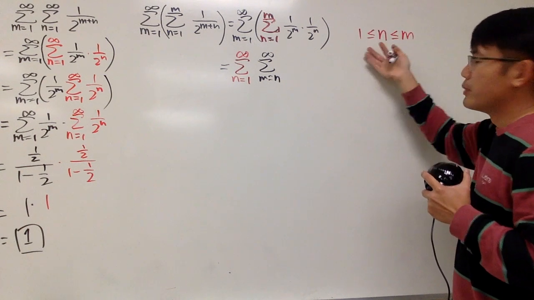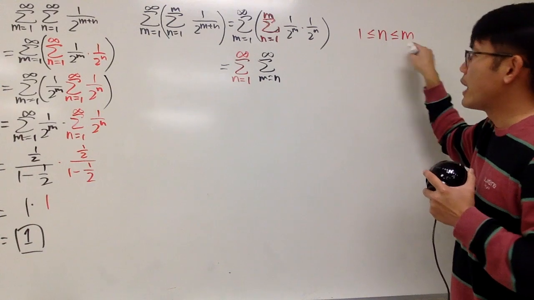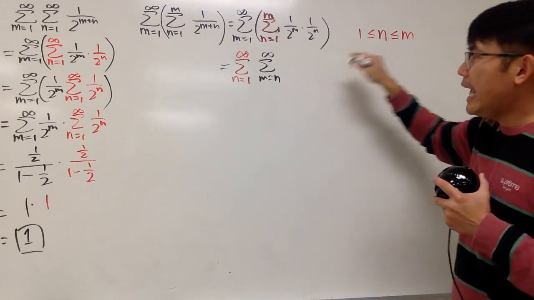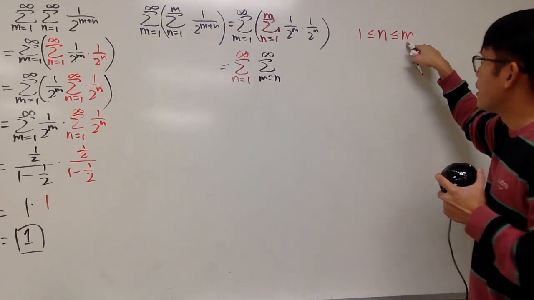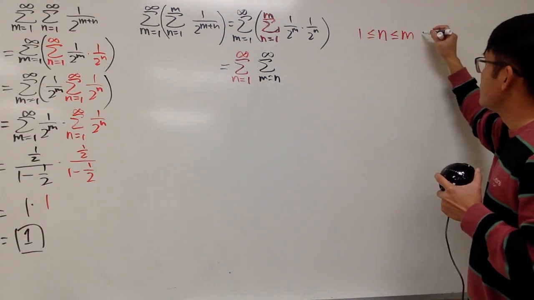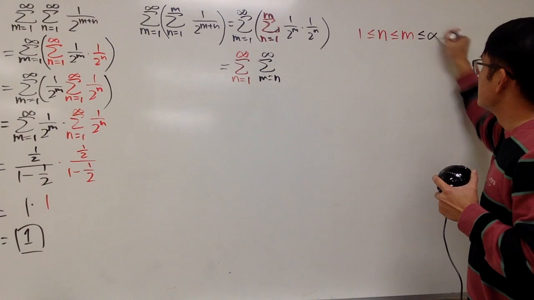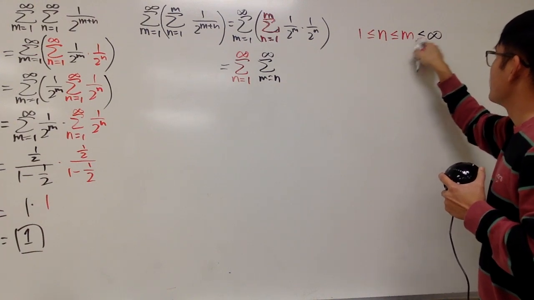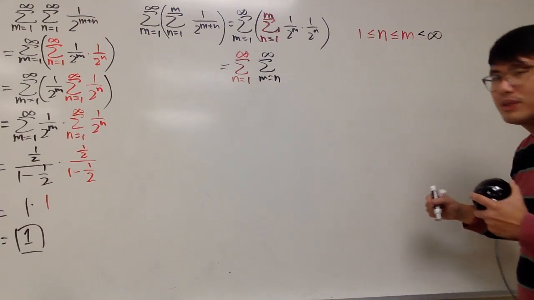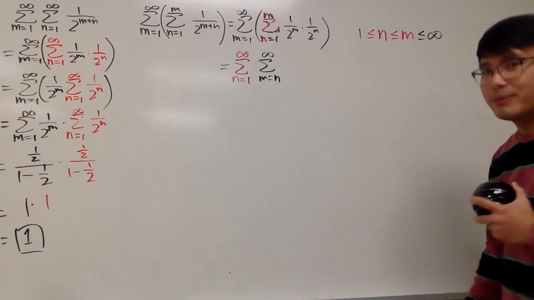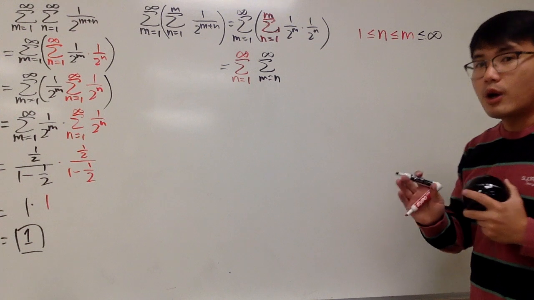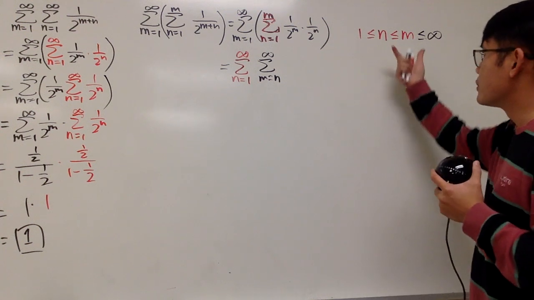So we can put it down this way: n goes from 1 to m, and m goes from 1 to infinity. You can never be equal to infinity, but I don't know if you want to include infinity. Just put down infinity, put down an equal sign. It doesn't really matter. As you can see, this is pretty much the inequality.